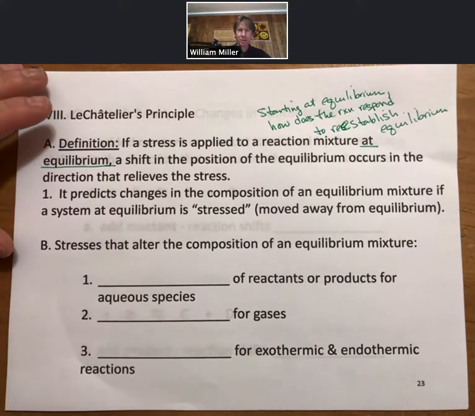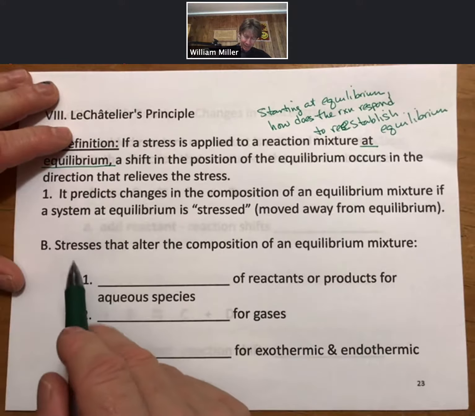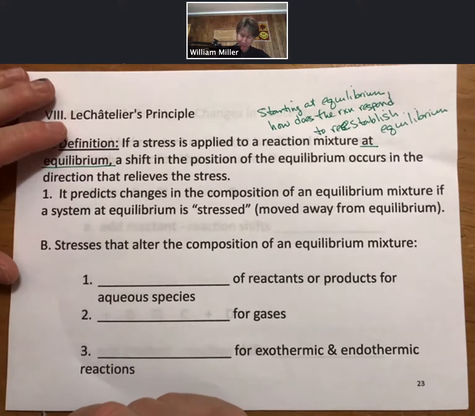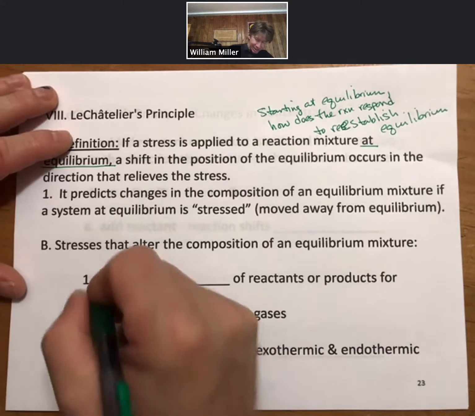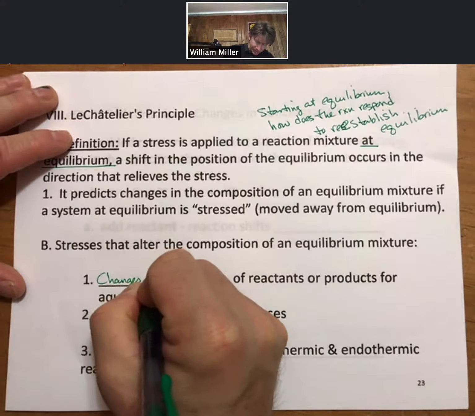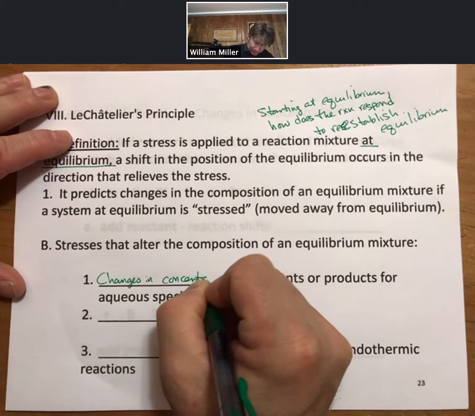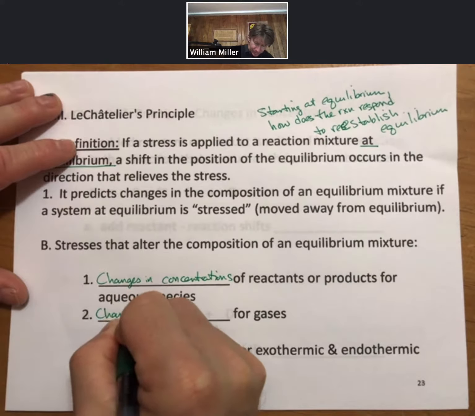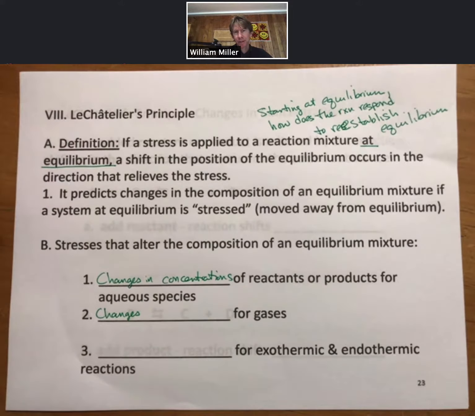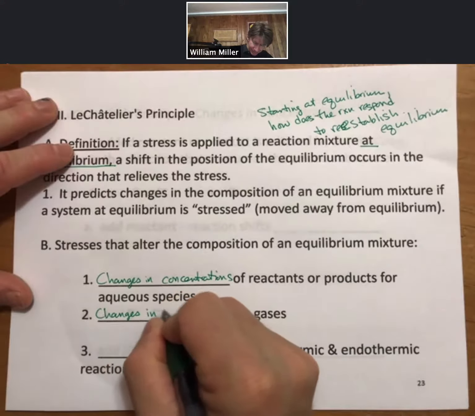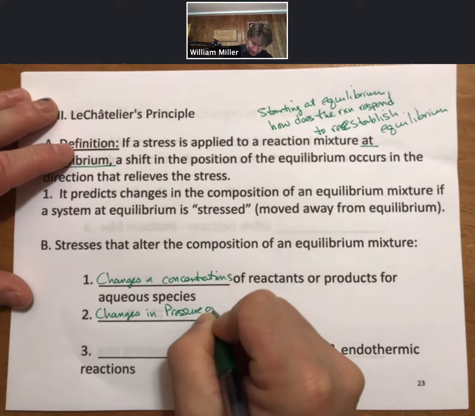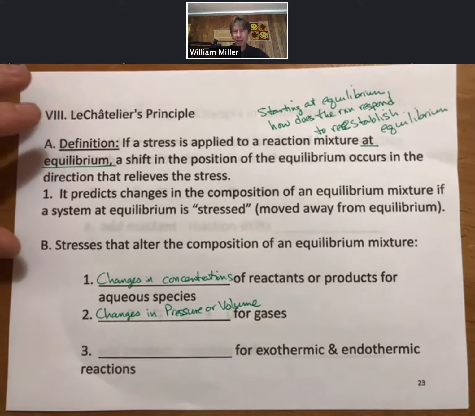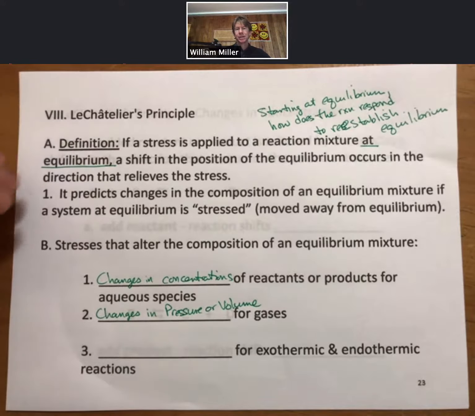And so this is sort of an introductory slide. It says stresses that alter the composition of an equilibrium mixture are going to be changes in concentrations of reactants or products for aqueous species, changes in pressure or volume for gases, and it'll turn out that a change in volume also changes the pressure.